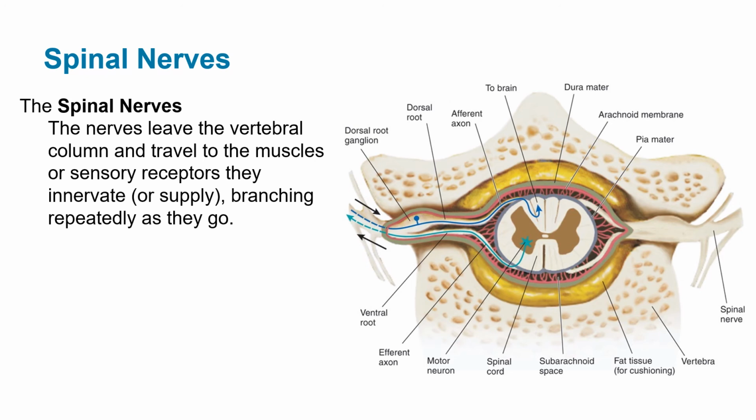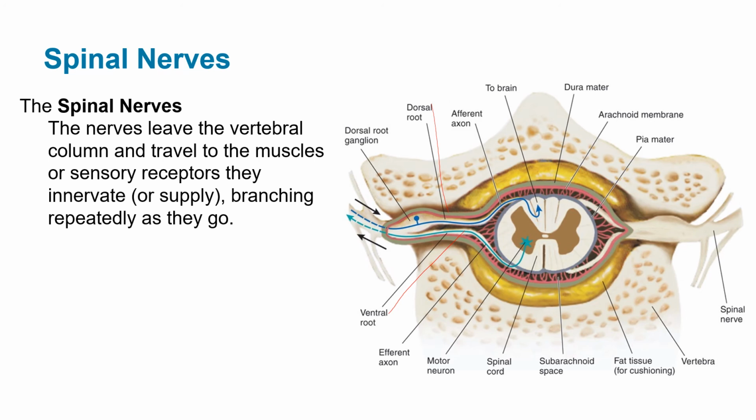When we look at this, there are 31 paired sets of dorsal and ventral roots attached to the 31 spinal nerves. So there are 31 spinal nerves, and then there are dorsal and ventral roots that are attached to those that come off. You see here you've got the dorsal root and the ventral root, and you've got 31 of these.